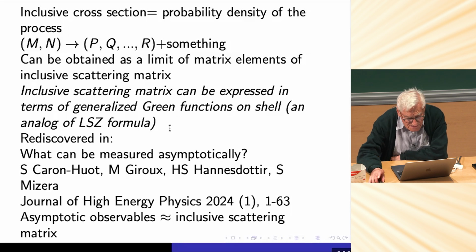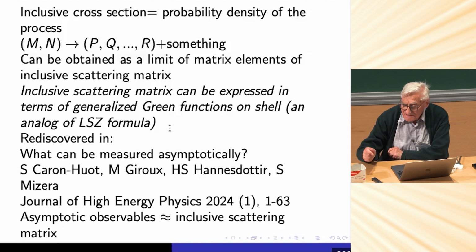And very recently, this notion of inclusive scattering matrix was rediscovered under a different name in the paper that is mentioned here on this slide.